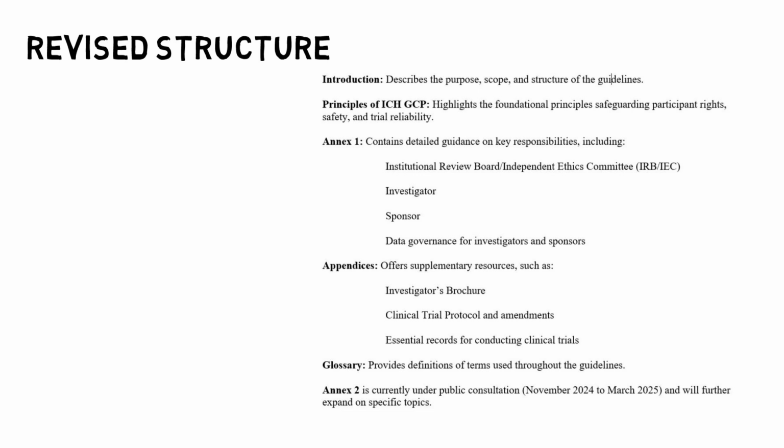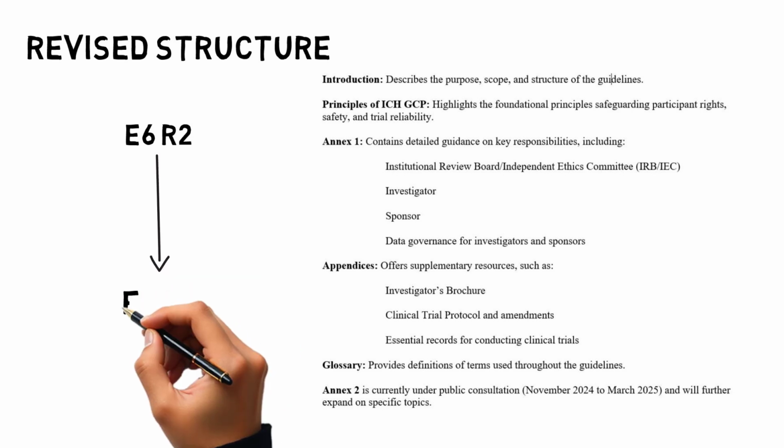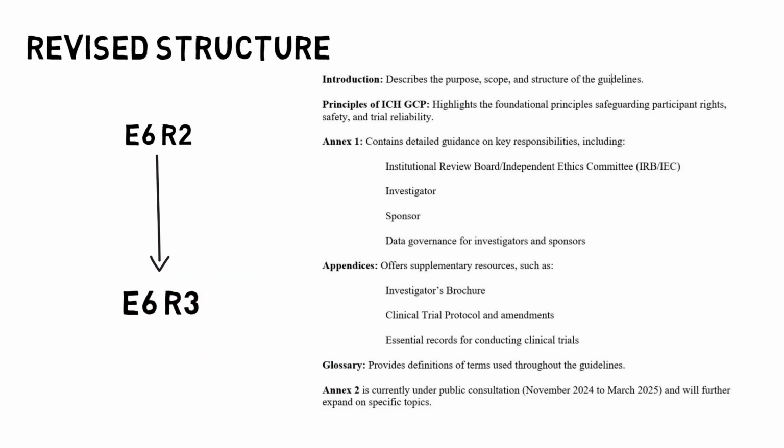Glossary provides definitions of terms used throughout the guidelines. Annex 2 is currently under public consultation and will further expand on specific topics. This comprehensive update underscores the transition from E6(R2) to E6(R3), reflecting both structural advancements and the incorporation of modern clinical trial practices.